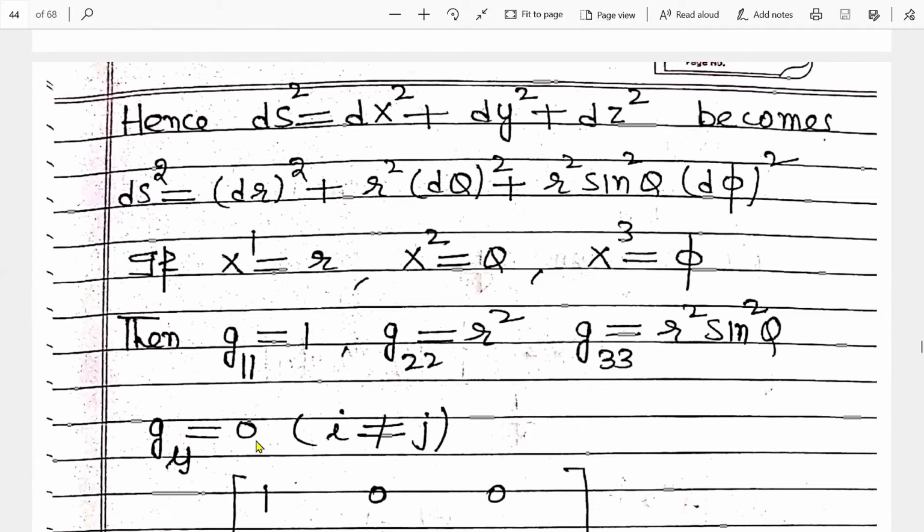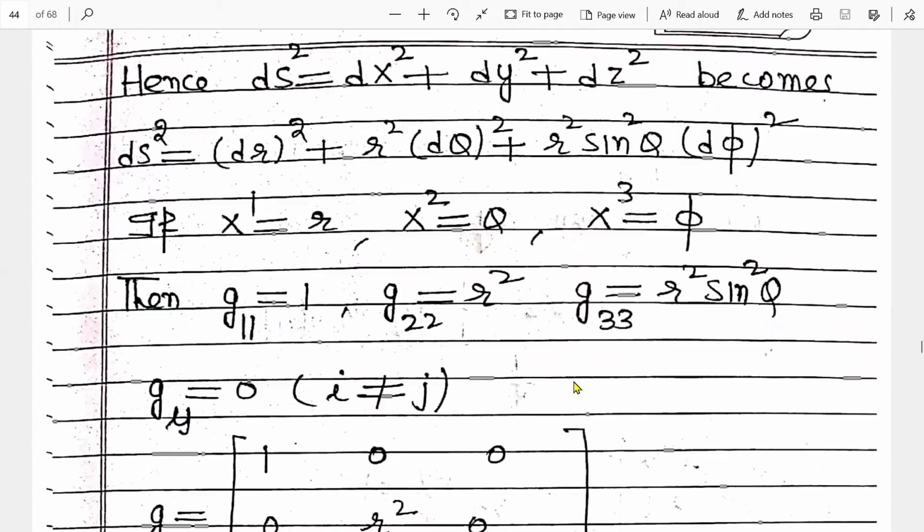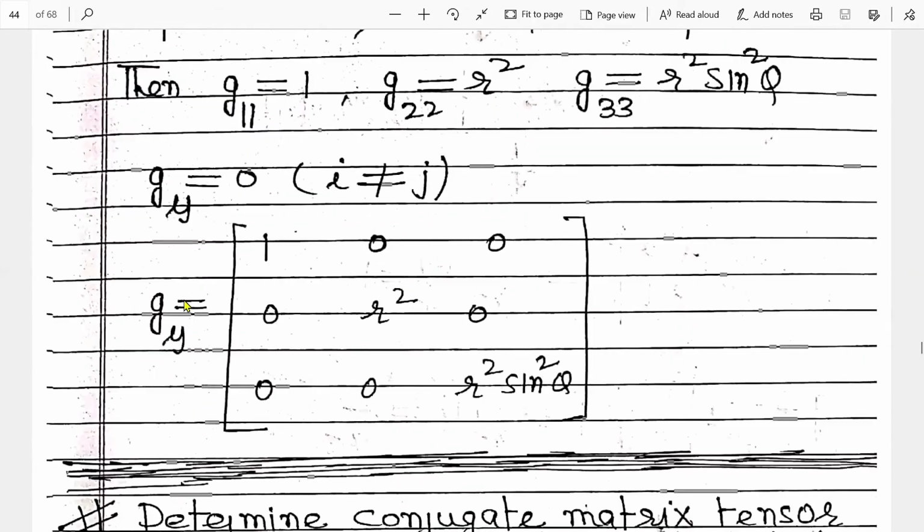It means Gij equals 0 when i is not equal to j. It means the coordinate vectors are orthogonal, because the other entries are 0 and only the diagonal entries are non-zero. Now in this case the metric tensor Gij has diagonal entries 1, r square, r square sin square theta, and other entries 0.